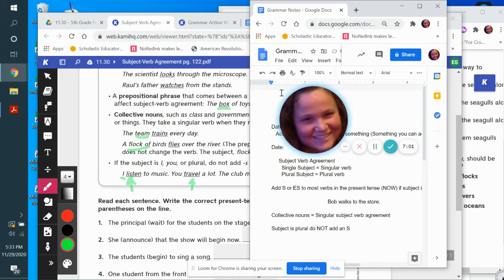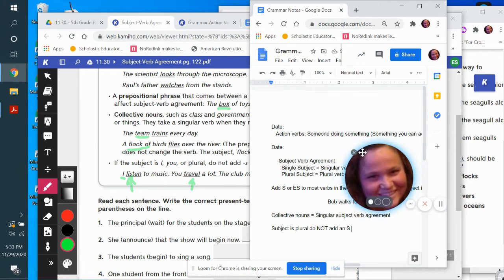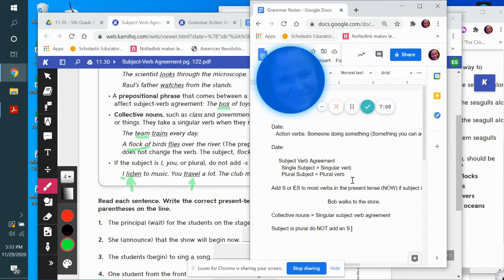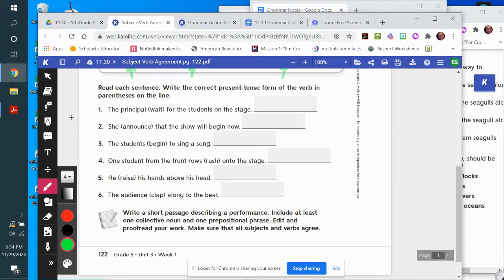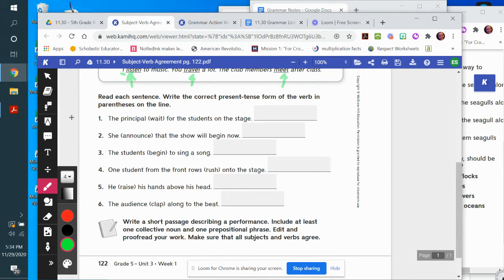Basically now you're all freaking out and you're like, holy guacamole, Miss Sanders, what were you just talking about? Subject-verb agreement. There's a lot of big words in there to comprehend. You'll be happy to know that this page is going to be really easy because I just want you to think to yourself, does that make sense the way I read it? It says, read each sentence and write the correct present tense form of the verb in parentheses on the line. So wait is our verb.